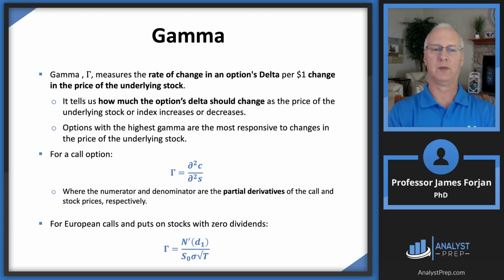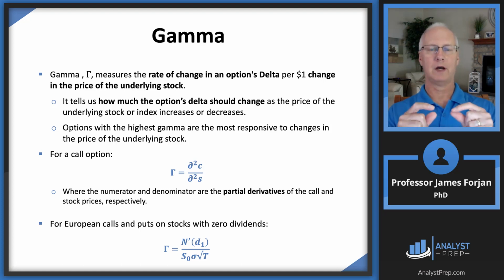And of course, this is really important. Look at that second circle point. Options with the highest gamma are the most responsive to changes in the price of the underlying stock. So think about this. If you have an option that has a delta of 0.5, and that stock price starts going up, let's suppose it's a call option and you own it, some options, that delta might change to 0.51.